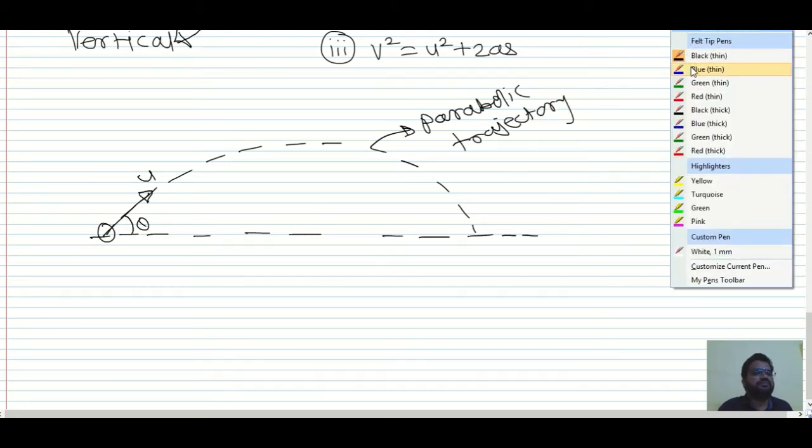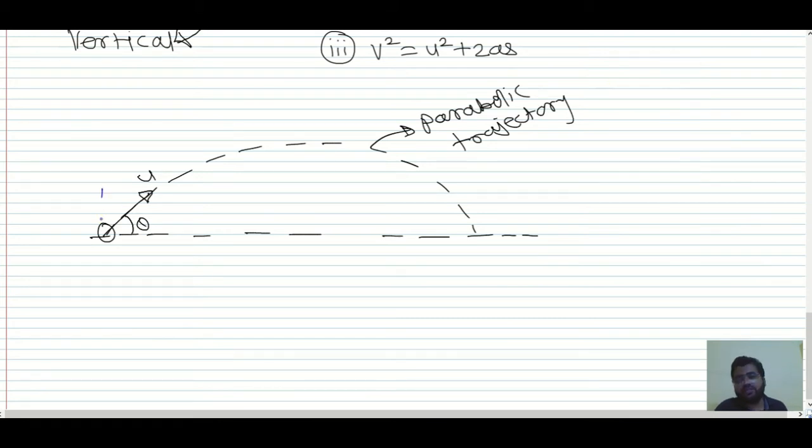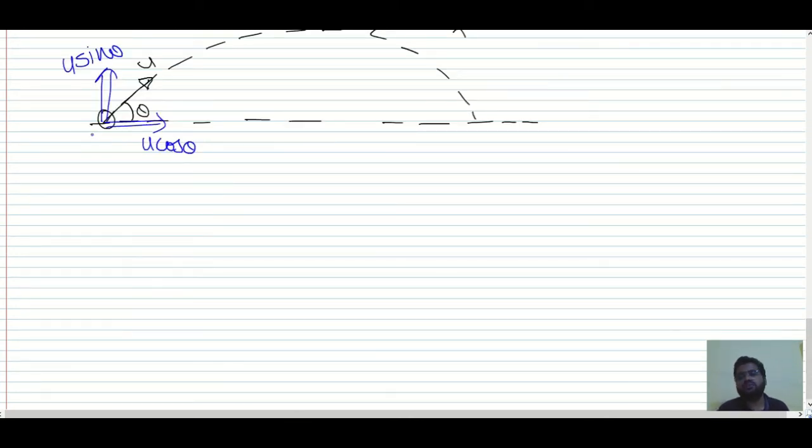Now see, I can make two components of this: u sin theta and u cos theta. So now just forget about the projectile. It is only the horizontal and the vertical motion that you need to remember, to which you need to apply the equations, right? So see here, along the horizontal, it is the range which we have. It is the maximum horizontal distance.